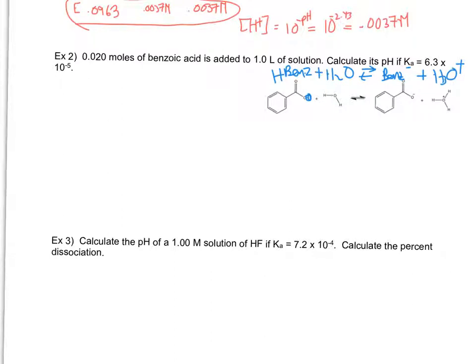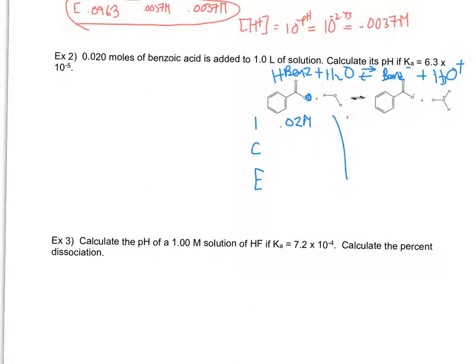So let's try to do this. I'm given the Ka, and I'm trying to find the pH. Now the pH is going to be my H plus concentration at equilibrium. So it looks like we need an ICE chart here. I know that I have 0.02 moles in 1 liter, so this is 0.02 molar initially.